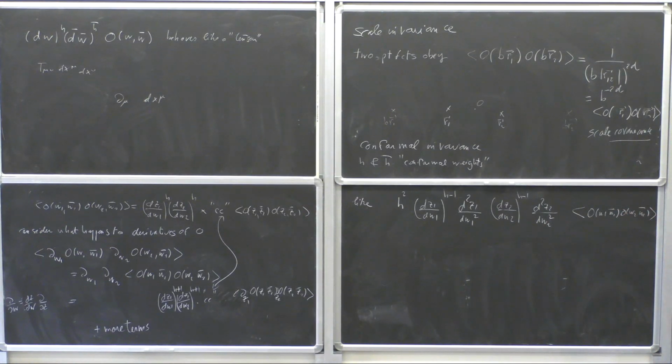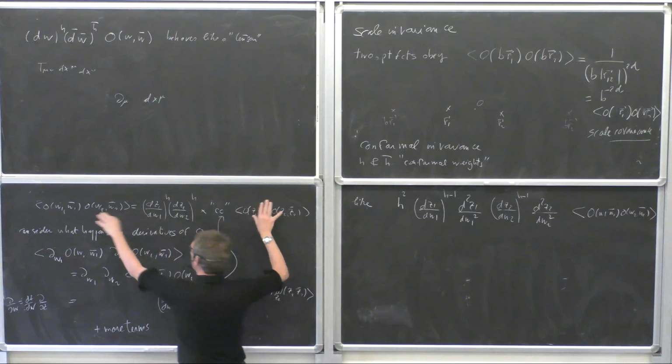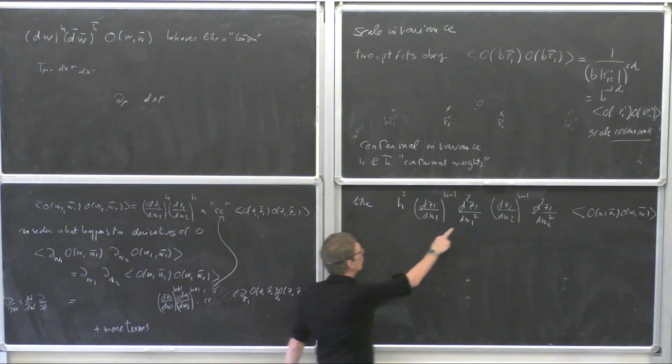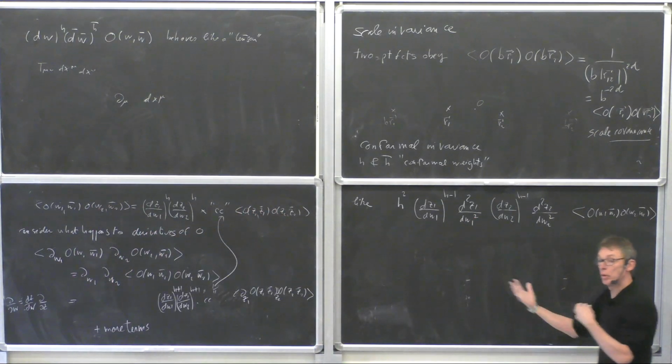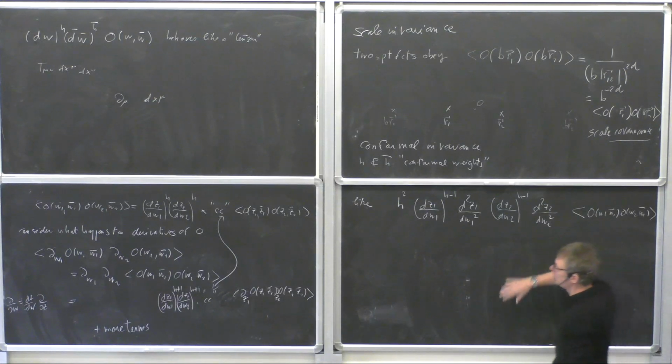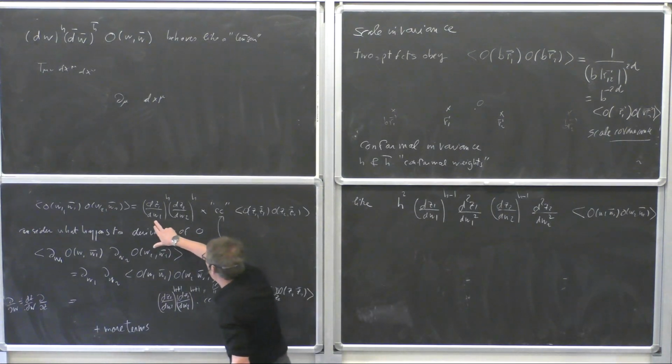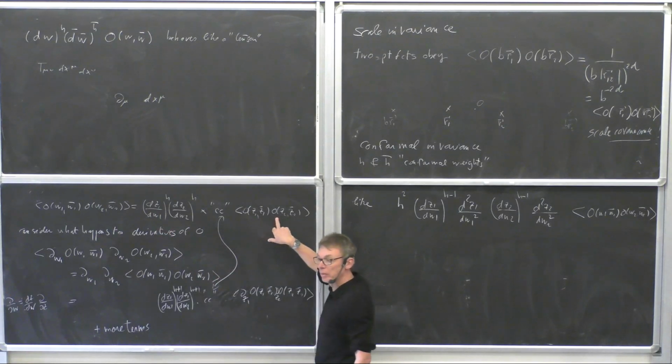So it doesn't work. This term is not at all of the kind I wrote earlier. This term I cannot put into this kind of representation because I have a second order derivative. And then I have the cross terms where I would take the derivative of this guy for, say, dw1, but dw2 would act on this guy.